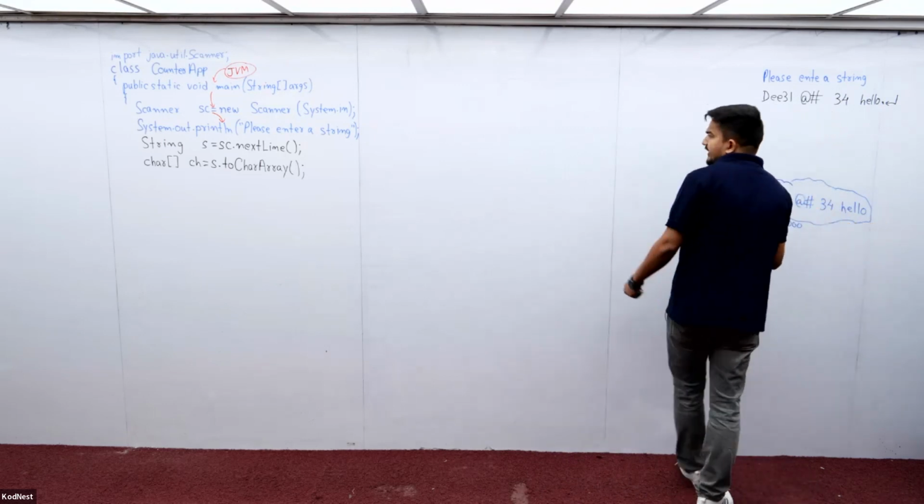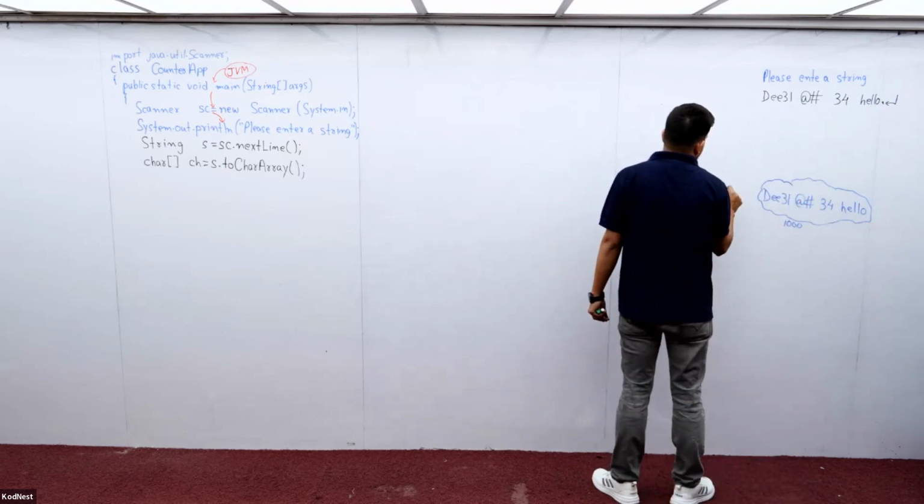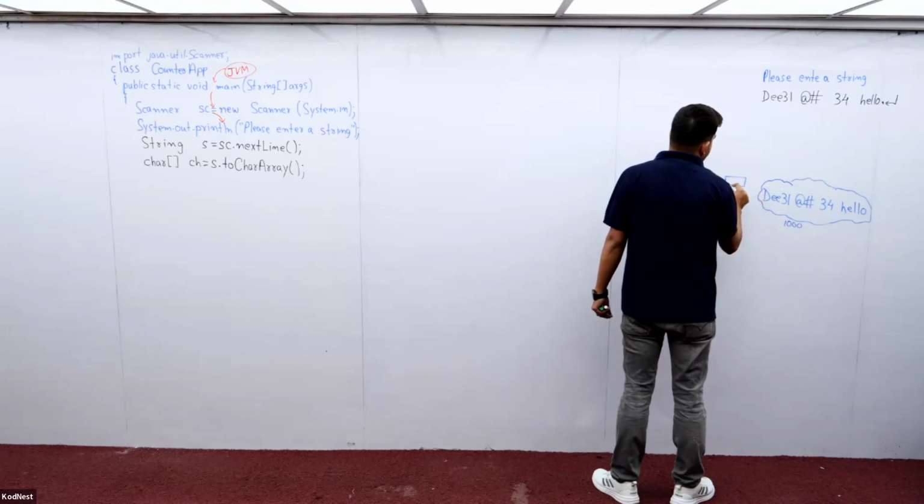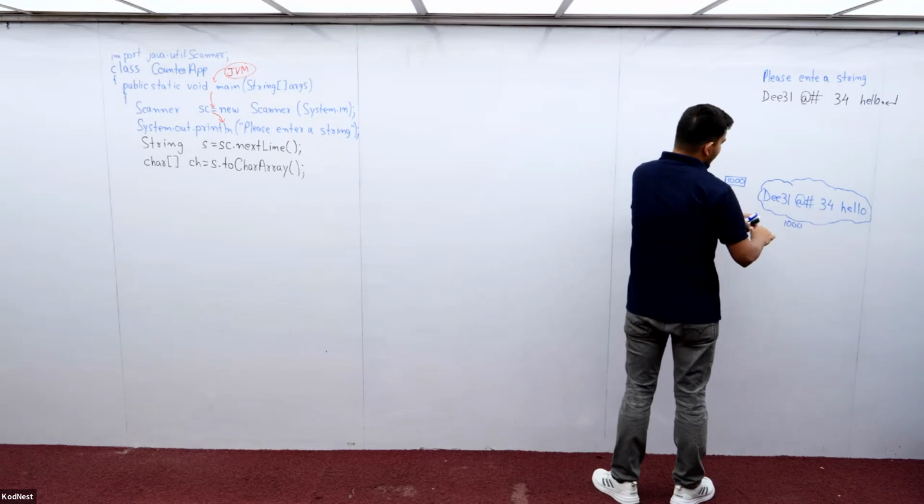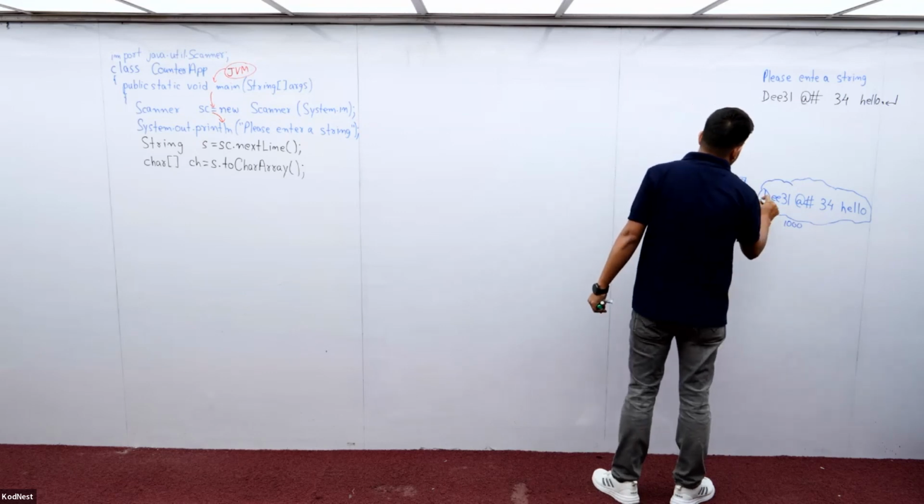And we are storing the address of the string in a variable called S. So S will have this address 1000, and hence it would be referring to this object present on address 1000 like this.